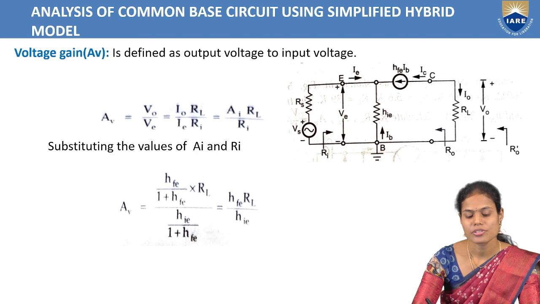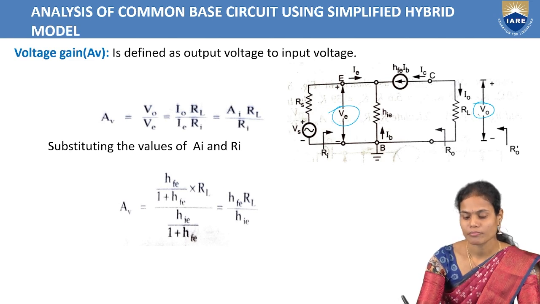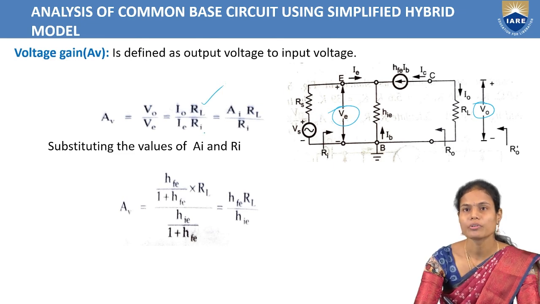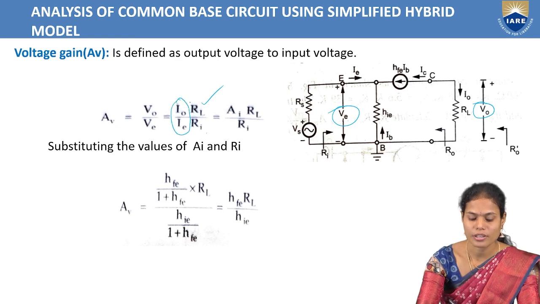And the next parameter is the voltage gain, that is the ratio of output voltage to input voltage. Output voltage is V0 here, input voltage is Vi. So V0 is equal to I0 into RL, and similarly Vi is nothing but Ii into Ri. So here I0 by Ii is nothing but the current gain, AI into RL by Ri.